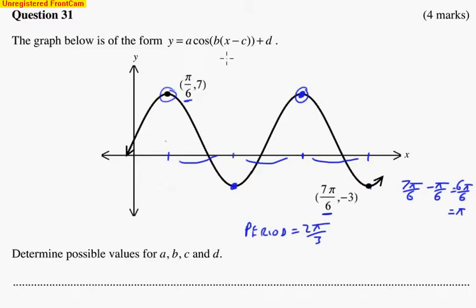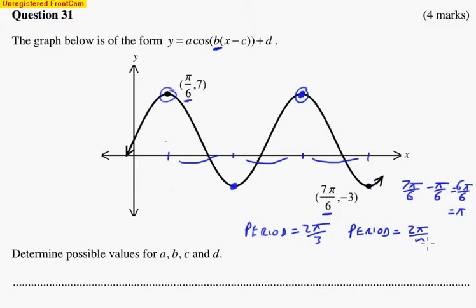Now I want to find out, using that, what that letter B is. You might be used to thinking of that as being the n, where n is the number next to the variable in the angle. You would normally say that the period is 2 pi on n.